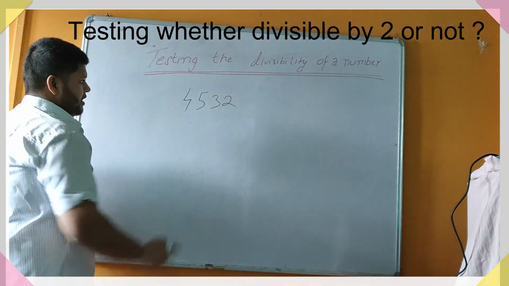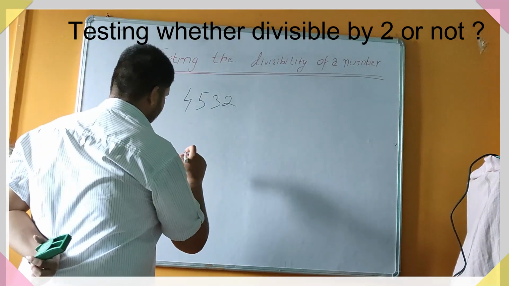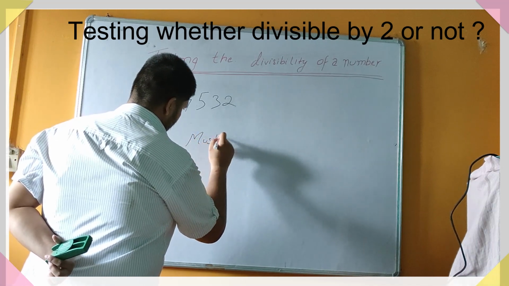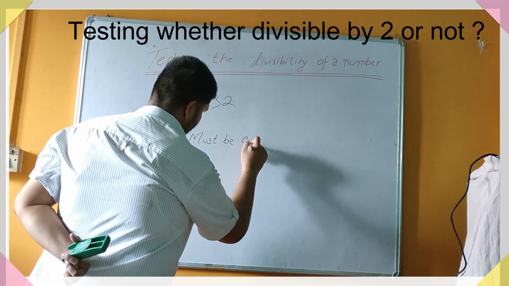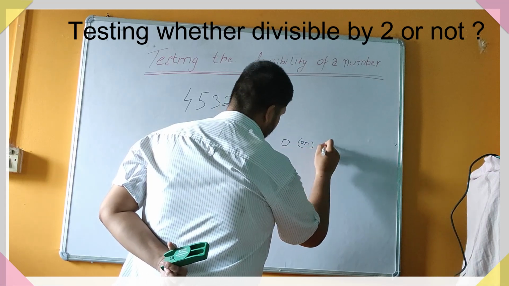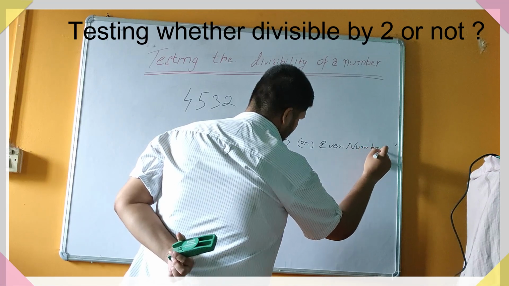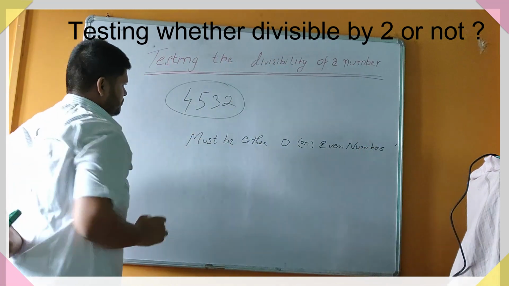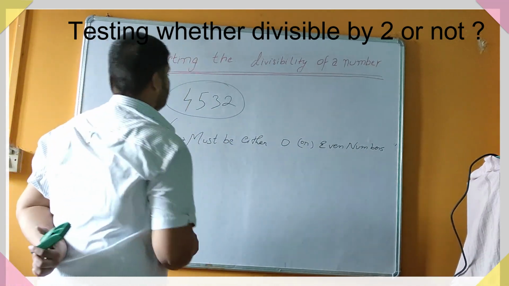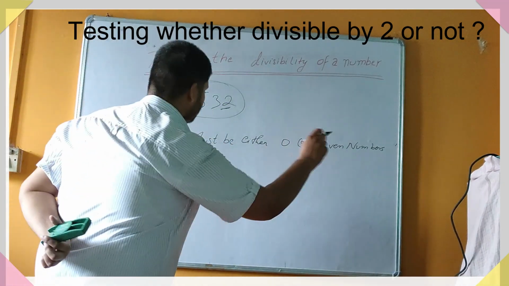The condition is that the unit digit must be either 0 or an even number.